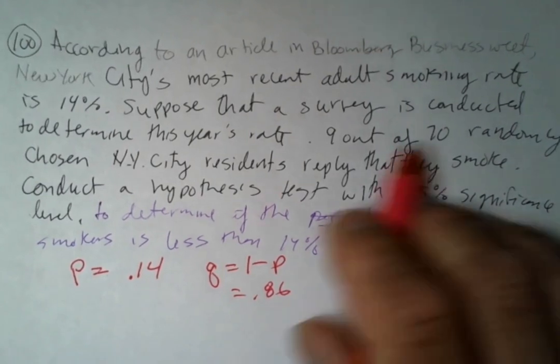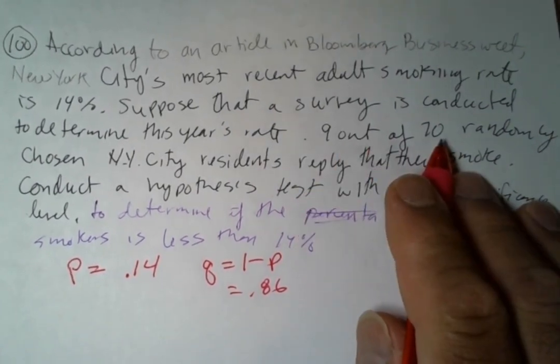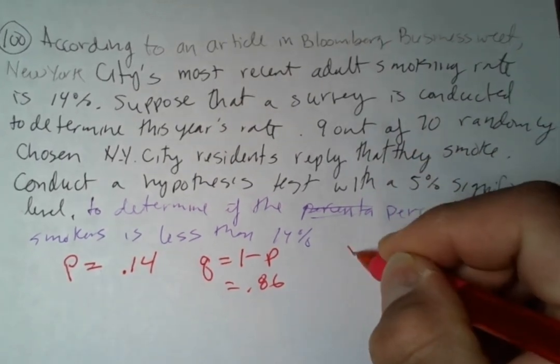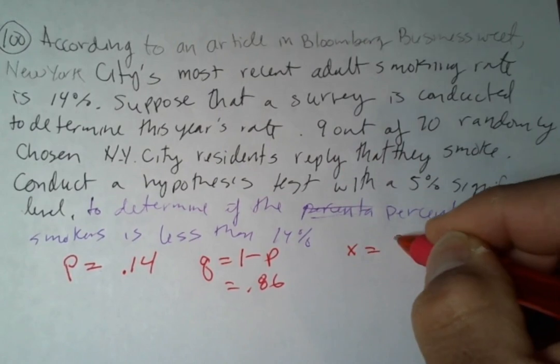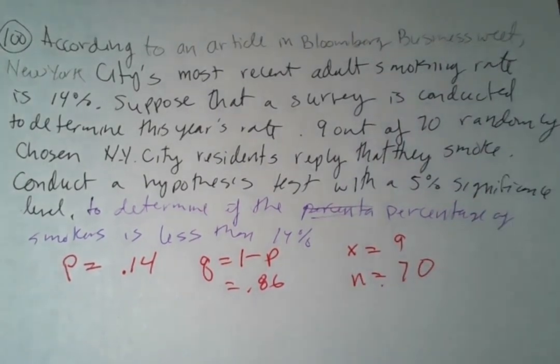So some data was collected: 9 out of 70 randomly chosen residents reply that they smoke. So our data, x successes, is 9, and our sample size is 70.